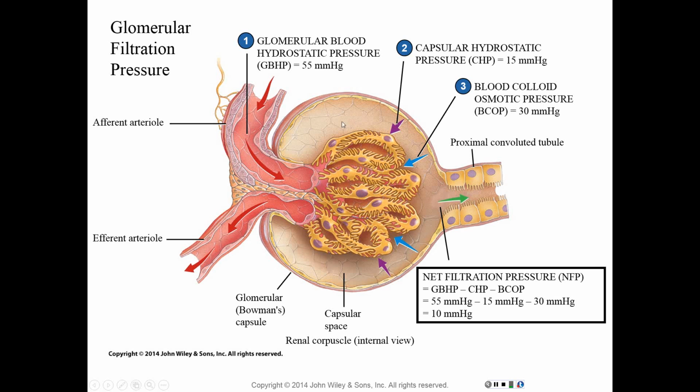At the same time, within that blood, you still have the albumin that creates the colloid osmotic pressure, the same as what you would find really anywhere else in the body. This might be a little bit lower than what we've seen, the same author using slightly lower values than he did in chapter 21, primarily because with the nature of the glomerulus, with the pedicels and podocytes and those little filtration slits, it is possible for a little more albumin to get out than what you might have found in a regular capillary, a continuous capillary bed throughout the body.